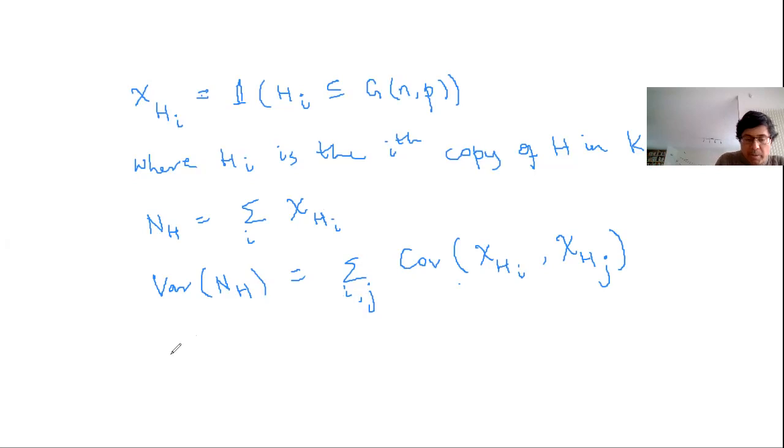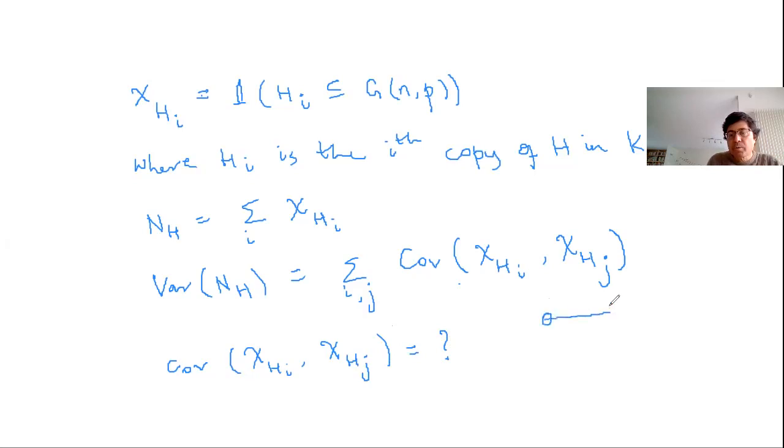So what can we say about the covariance of these indicators, chi_{H_i} and chi_{H_j}? This is going to depend on how much overlap there is between the copies H_i and H_j. And as we mentioned last time, though all our statements will be general, it's helpful to think of concrete examples. So the H we are going to work with is the square with one diagonal.